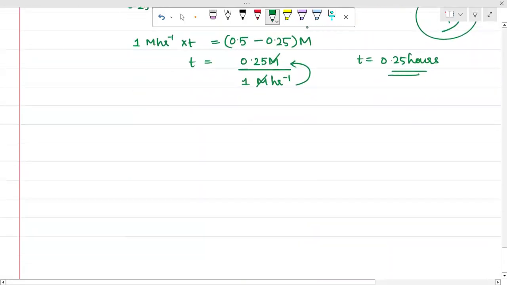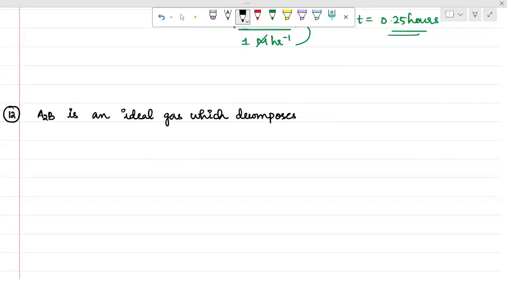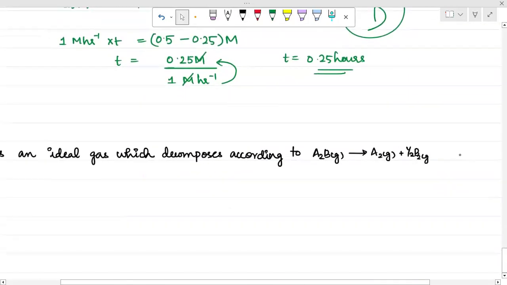Next question. Question number 12. A is an ideal gas which decomposes according to A gas giving A2 gas plus half B2 gas. Okay.